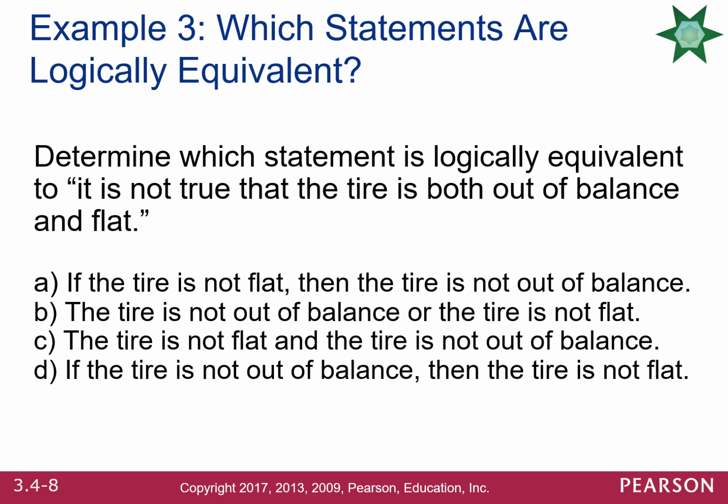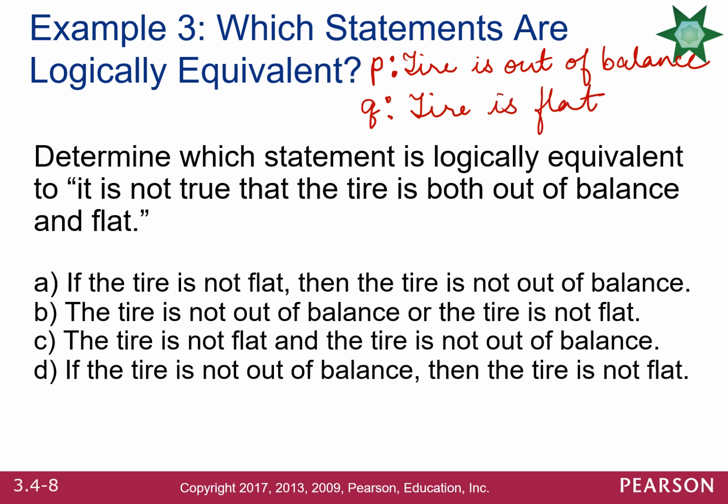Let's do that. I'm going to denote the first statement as P, and write it as P colon, the tire is out of balance. And the next statement, represented by Q, will say the tire is flat.